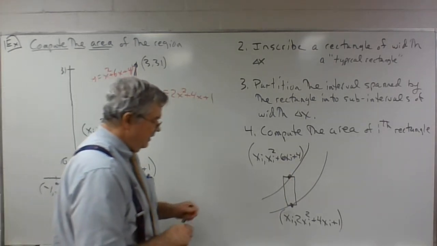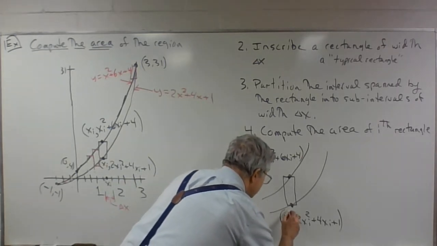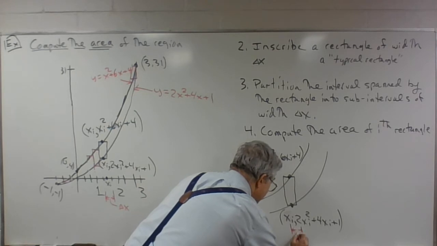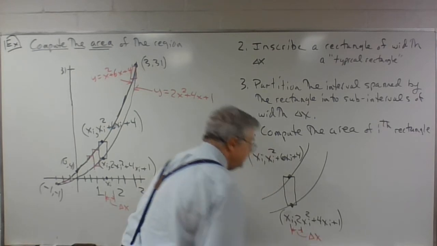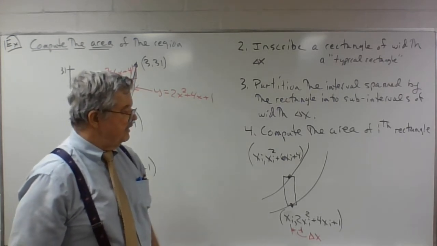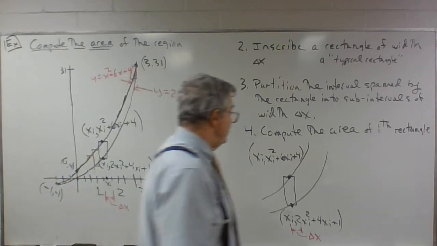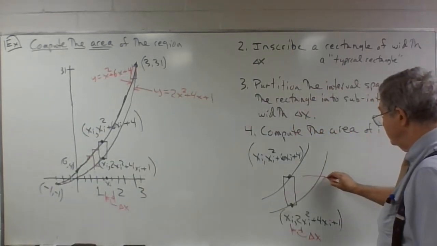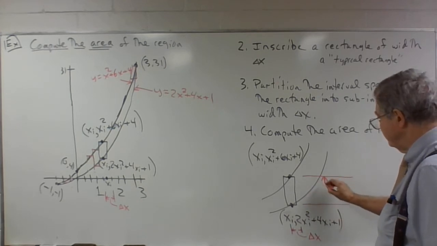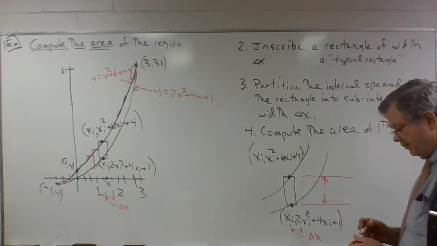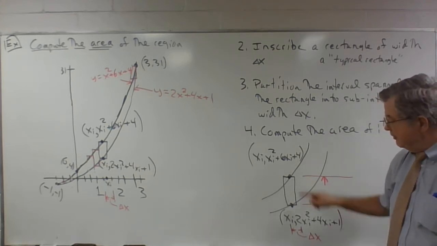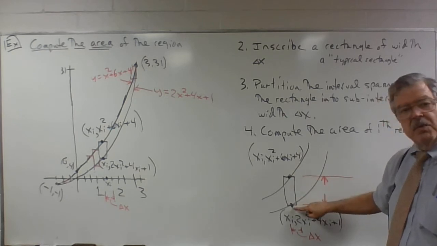The width of this guy, that's the width, delta x. What we don't know about this rectangle yet is the height. This is a vertical distance, so the height is just the difference of the two y coordinates.